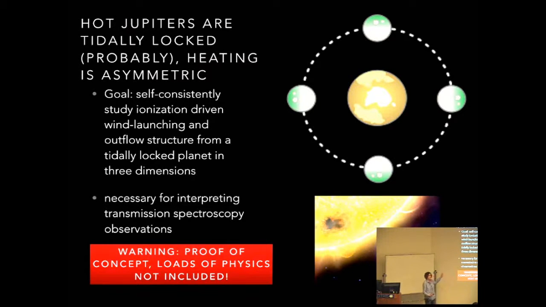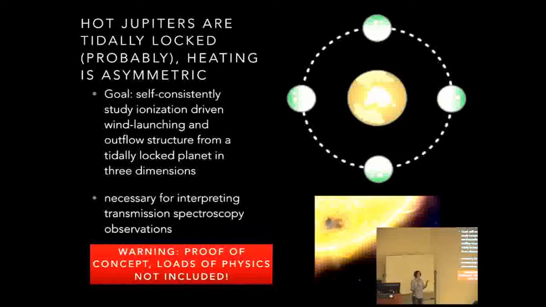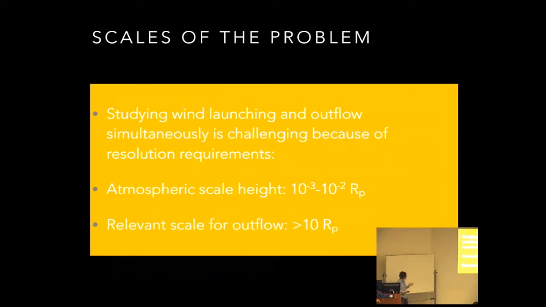But we're going to start out with a simple model so we can understand the basic three-dimensional structure from self-consistent heating and a hydrodynamic outflow. Okay, and so one of the reasons why we have to start simple is because solving the full problem hydrodynamically is very challenging because of the scales that you need to resolve.